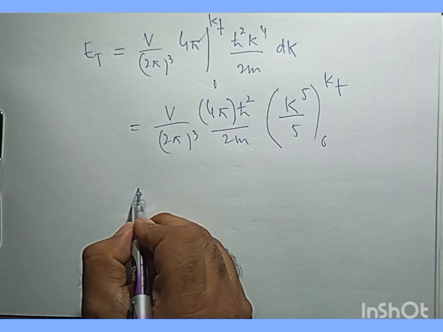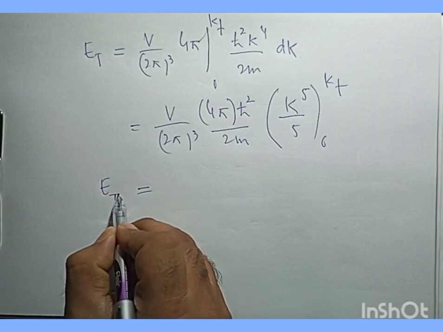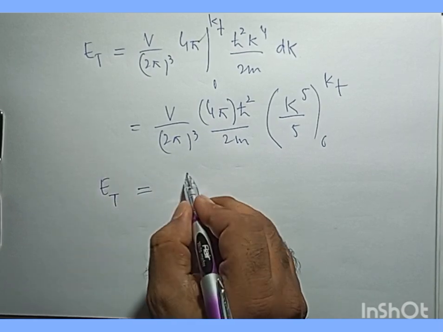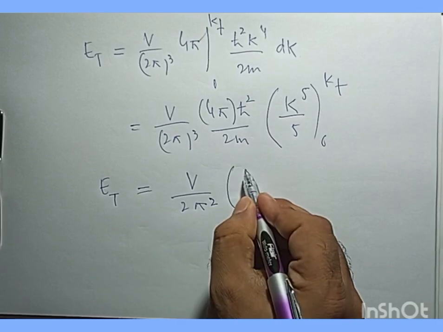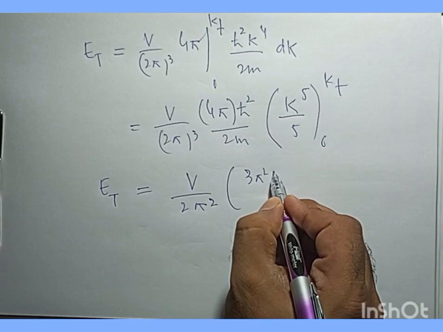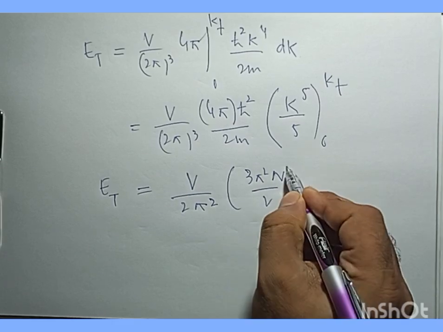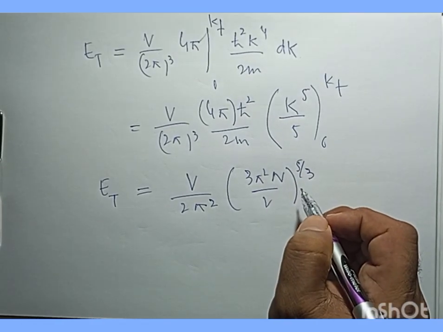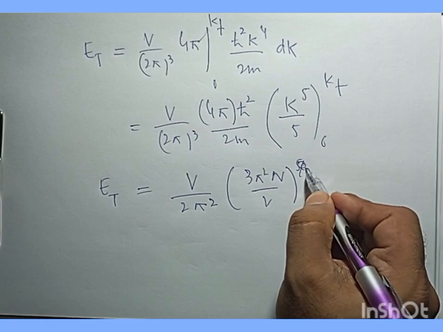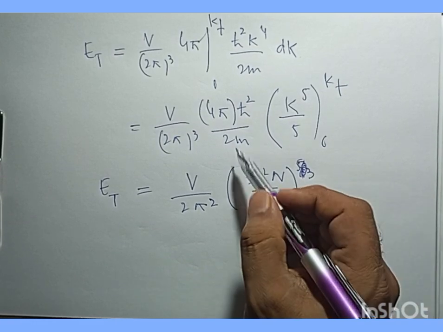So what will be the total energy? E total will be V by 2 pi square, 3 pi square n by V whole raised power 5 by 3, and no, it's not going to be like this. I am doing it wrong.